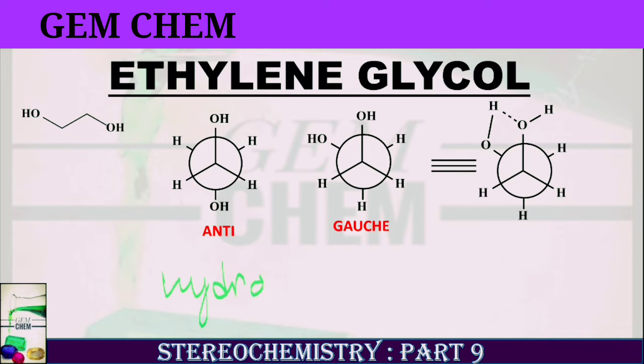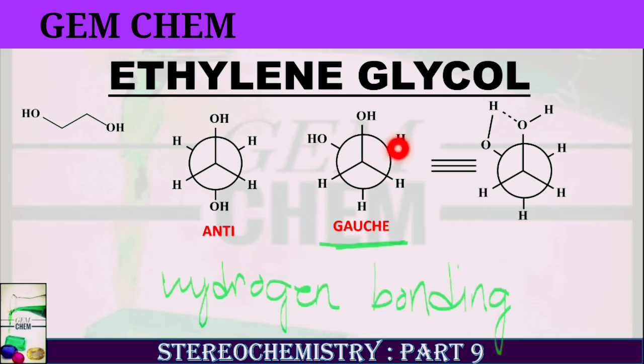In this video, we are going to talk about how hydrogen bonding forces the structure to stay in the more preferable gauche conformation. In these two structures, anti and gauche, only in the latter are the hydroxyl groups close enough together to give rise to an intramolecular hydrogen bond.